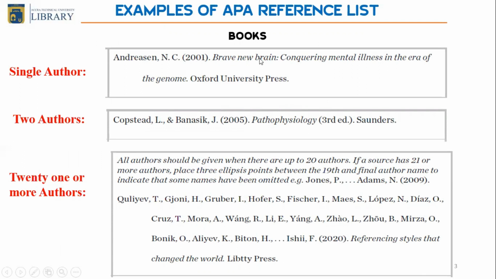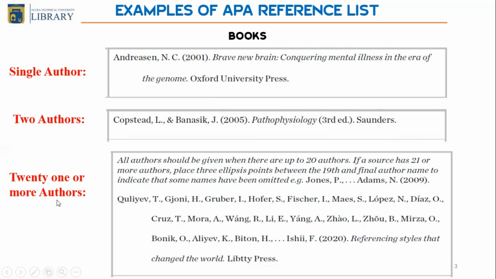So we have the title of the book being italicized as it follows, and we have where it is coming from, that is the publisher. We have two authors, and it follows the same approach. If the book that you are referencing comes in edition, that is how it is being presented. So this one is third edition, the title of the book, and we have what? The publisher, where it's coming from.